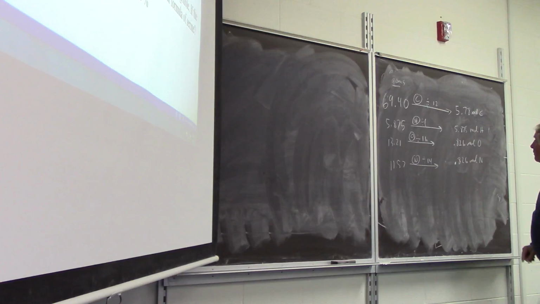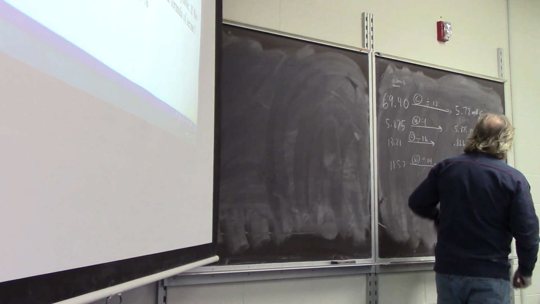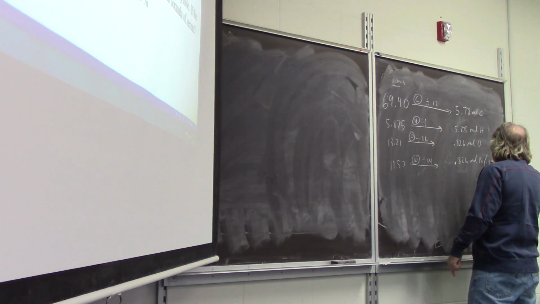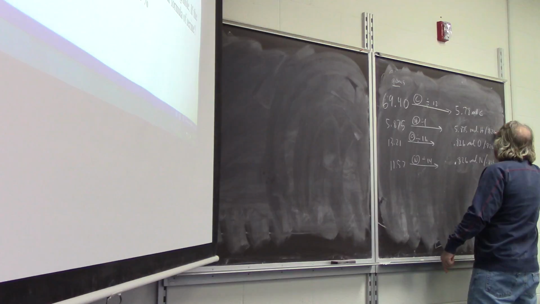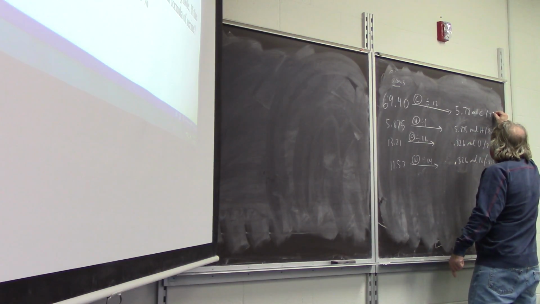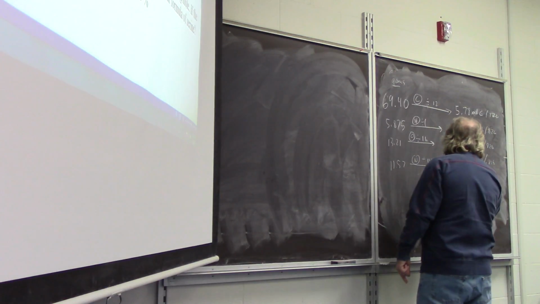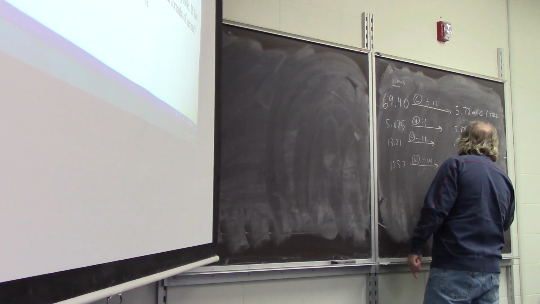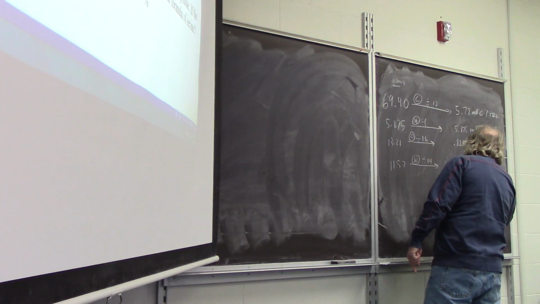All right, so we're going to divide by the smallest number, which is both of these. So when I do that, I get 1 oxygen, and I get 1 nitrogen.